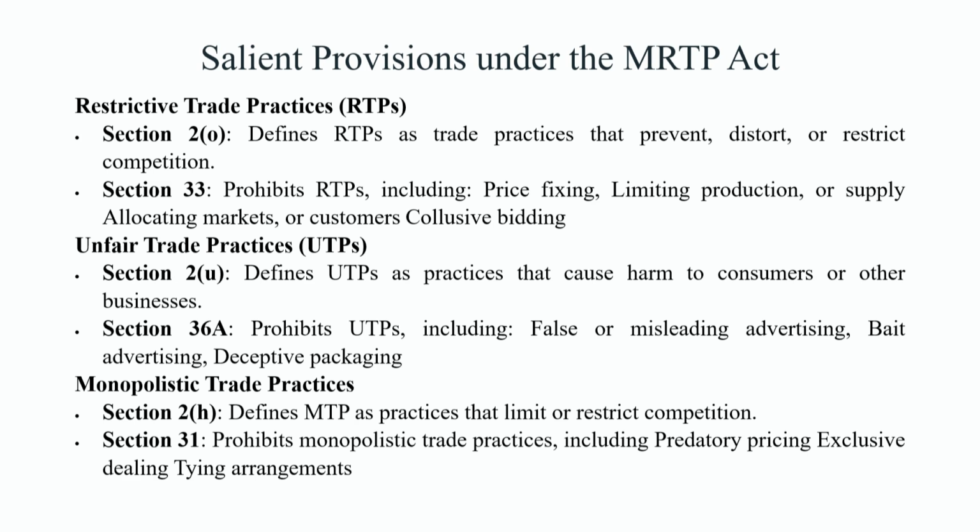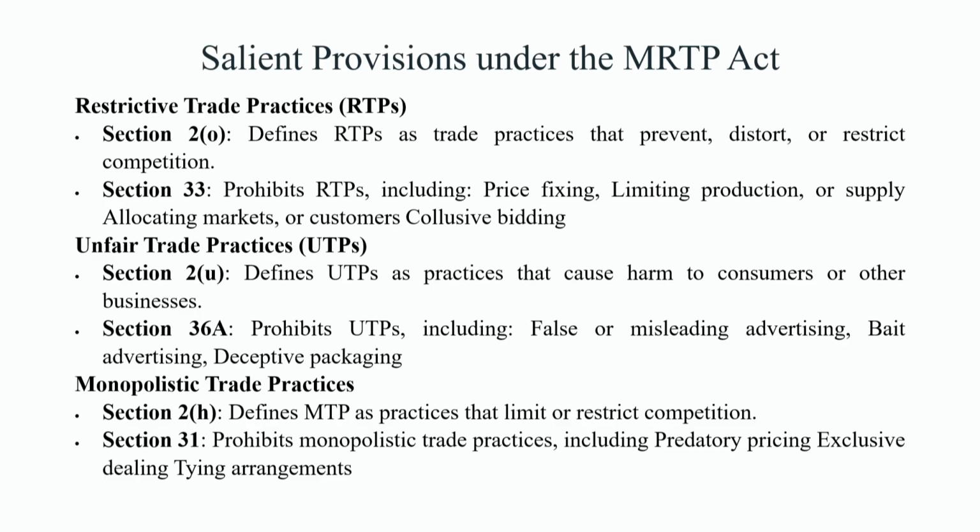There was another term known as unfair trade practices. We have already dealt with unfair trade practices, but we are dealing here with the salient features of the MRTP Act. Under the MRTP Act, unfair trade practice is a defined term. It was one of the unique salient features of that time.